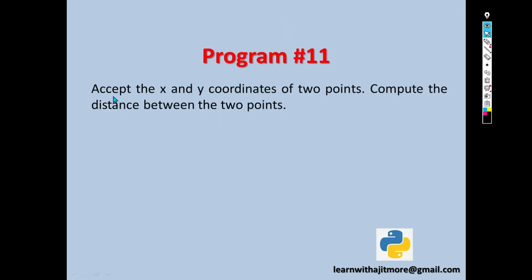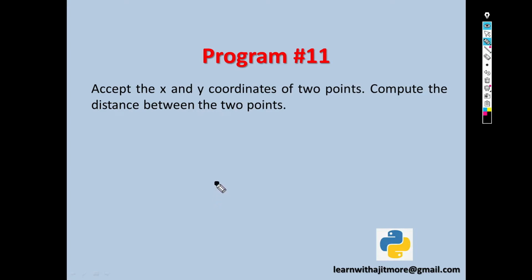So let's start with problem number 11. We have to accept x and y coordinates of 2 points, and we have to compute the distance between the 2 points. Right guys, this is one of the mathematical problems.